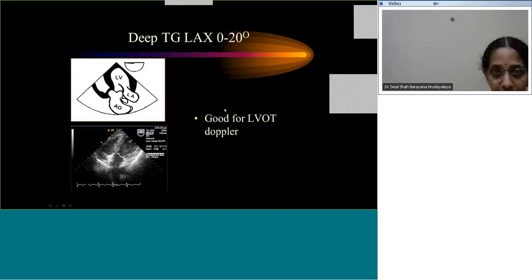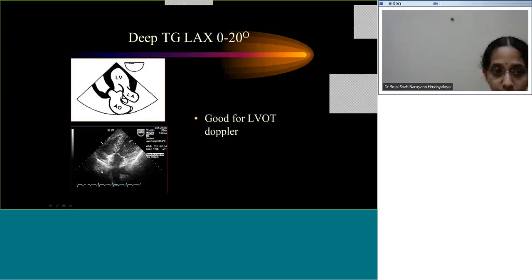Advancing the probe a little further, at approximately 45 centimeters, we get the deep transgastric view. Remember, all these movements are done once we go back to 0 degrees. So the deep transgastric view will show the left ventricle and the right ventricle and open up the left ventricular outflow tract beautifully.